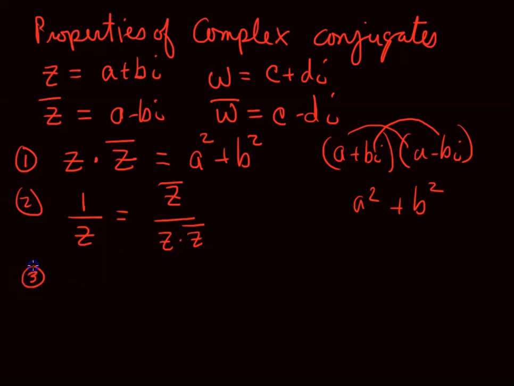We can, I guess, go through the same process with these z's and z bars. I'll let you do that. Let me just write this down. z bar bar is z.